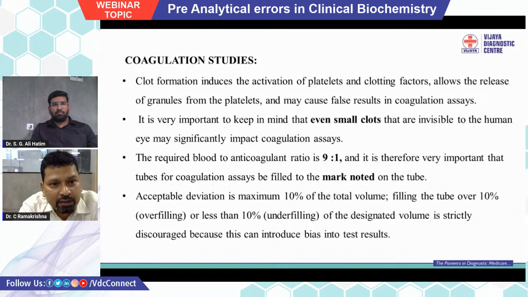Next, coagulation studies. It is very essential that the ratio of the sample to the citrate is maintained at 9:1. If it is not maintained, then there is every chance of a clot being formed, and there is discharge of granules from the platelets, which leads to abnormal coagulation studies.